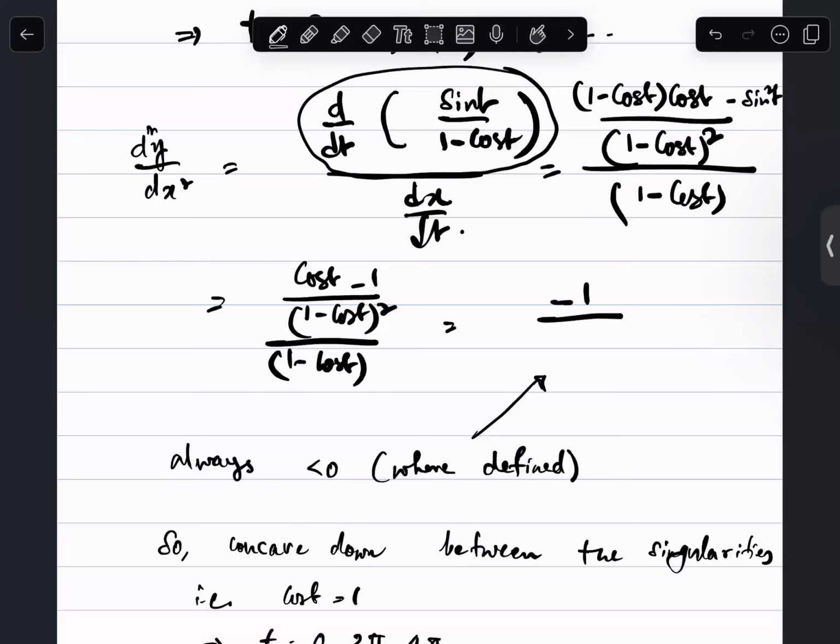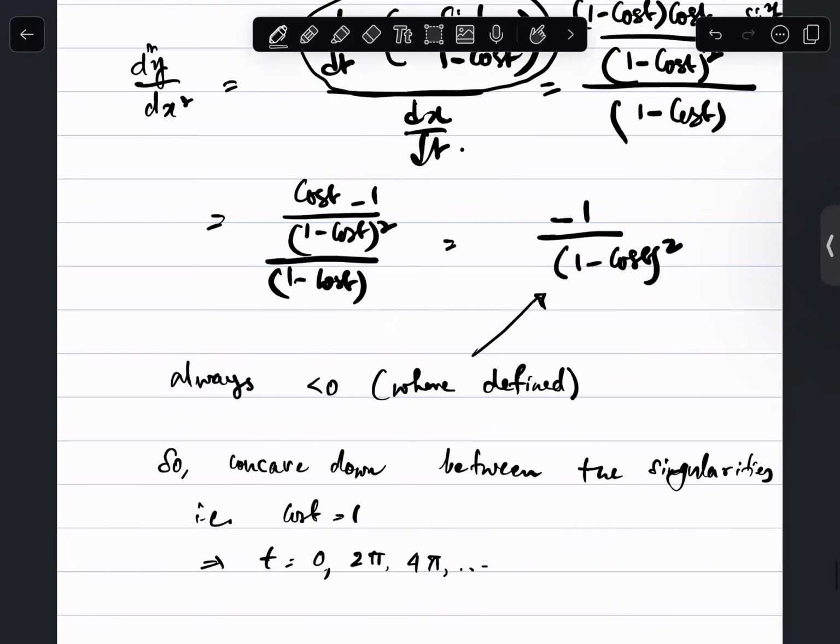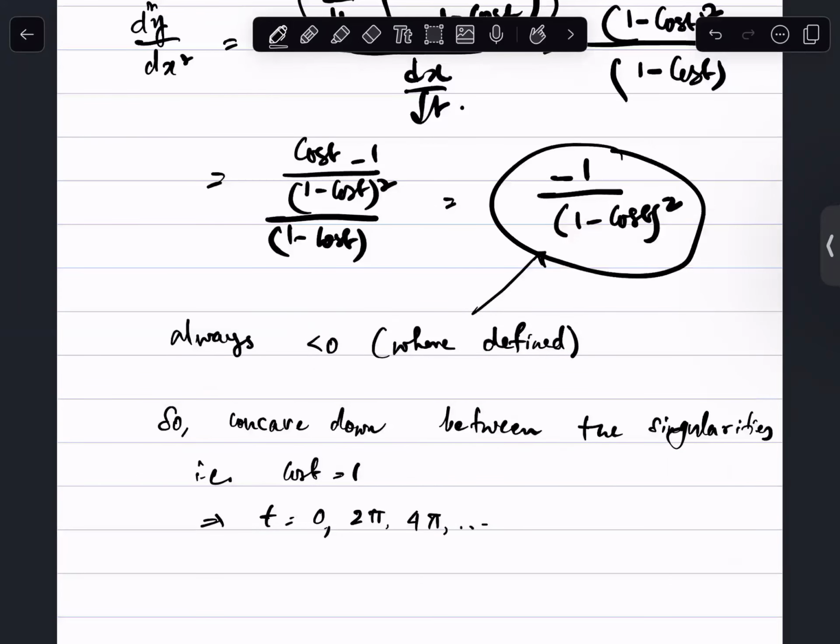So the ultimate expression will be minus 1 over 1 minus cosine t squared. And this is always negative, right? Because I have a square term on the bottom and minus 1 on the top. So it is always less than 0 whenever defined. So I can say that the curve is always concave downward between the singularities, except at these points.